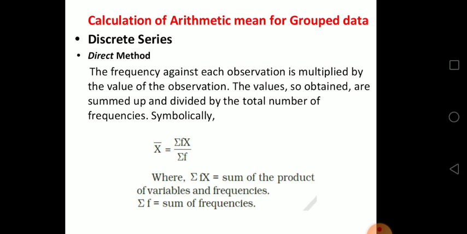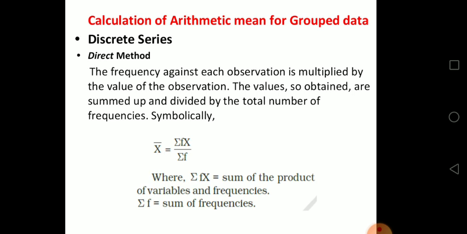When we are looking at this, we are going to look at discrete series, in such a way that we know the number of terms. The frequency against each observation is multiplied by the value of the observation. The values we obtain are summed up and divided by the total number of frequencies. So this is just easy and direct.